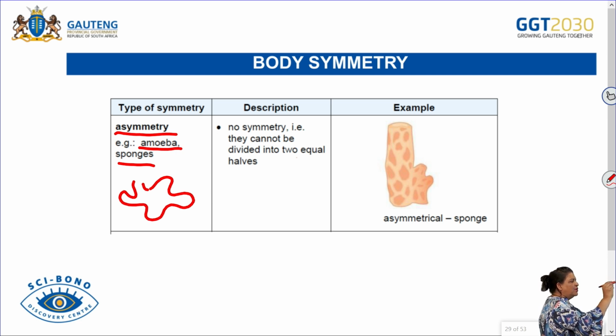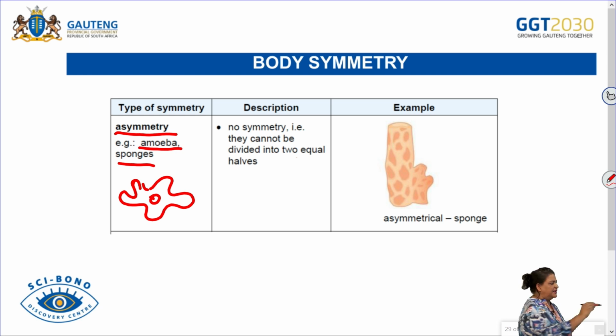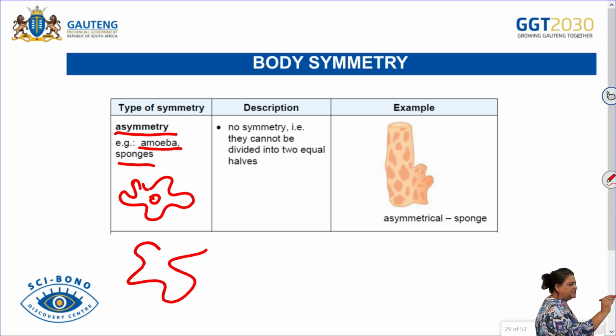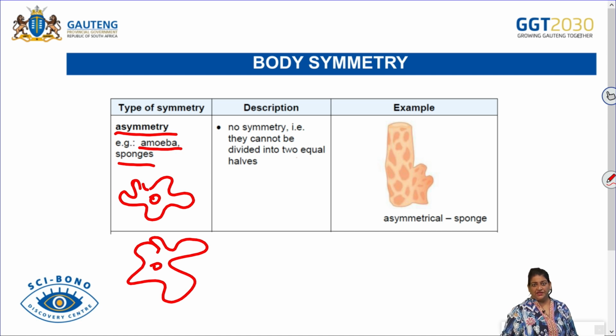I can change my shape all the time. So it's one cell with a nucleus. So that's an amoeba. And the next time it moves, it could just be like that. You see. So all the time its shape is changing. So that's unicellular. No shape. And therefore I cannot get an equal half.